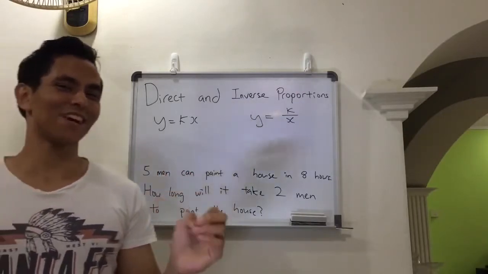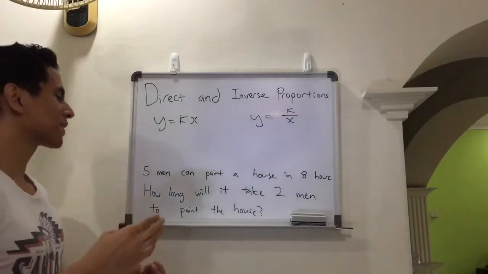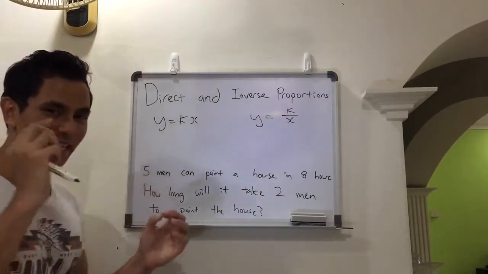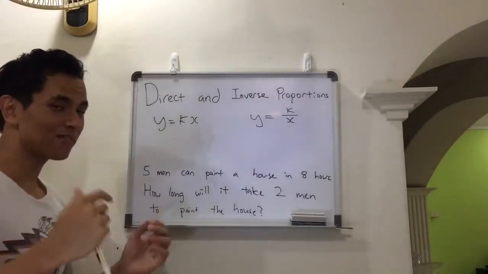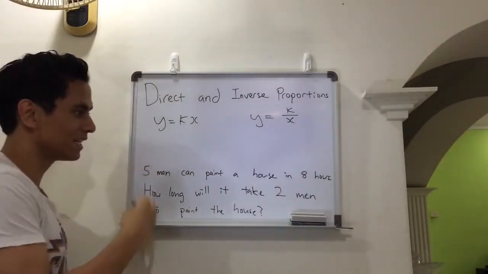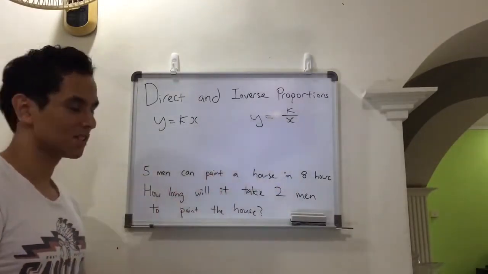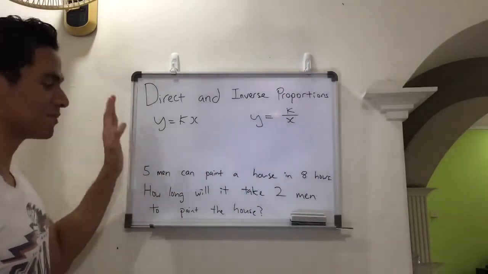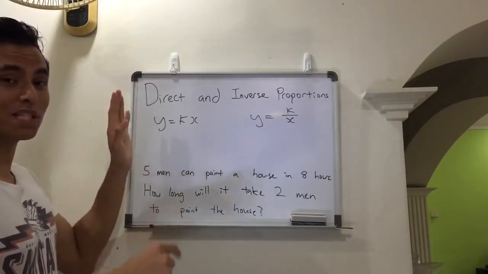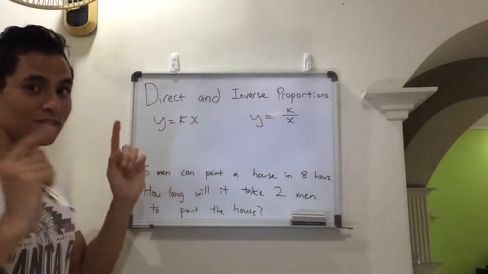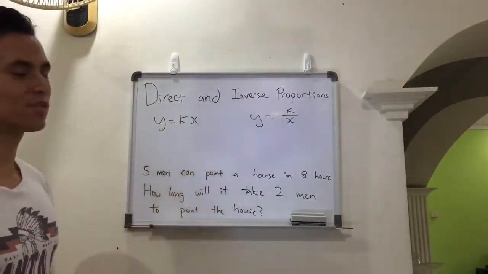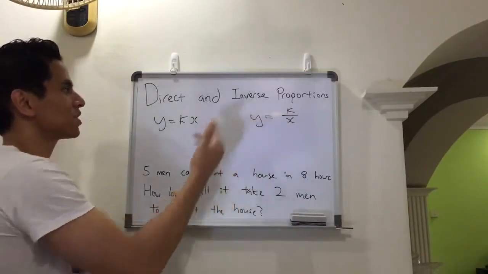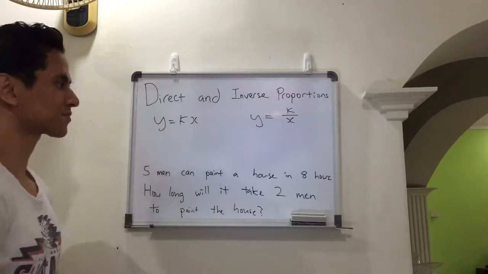And they are not slacking off. So in this example, if we have this logic in our brain, we realize that if there were more men, the house would be painted faster. So as men goes up, time to completion goes down. Therefore, we are going to use y equals k over x. That's how you identify whether to use inverse proportion or direct proportion.